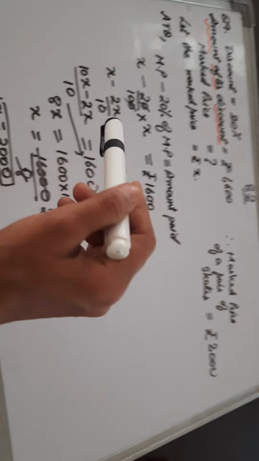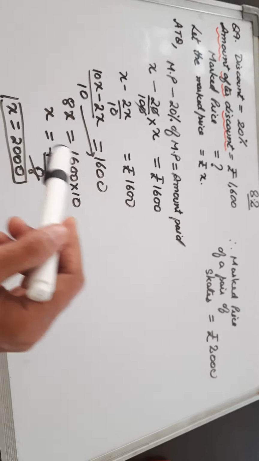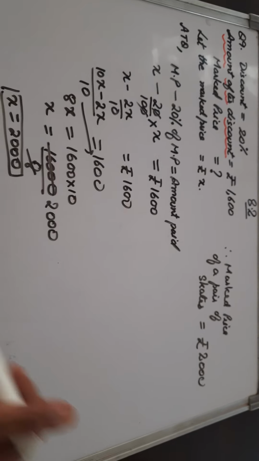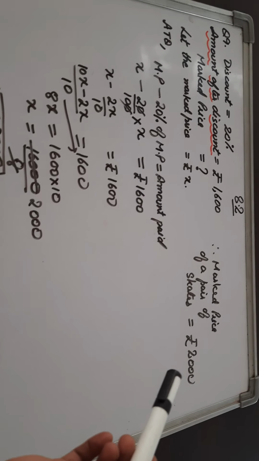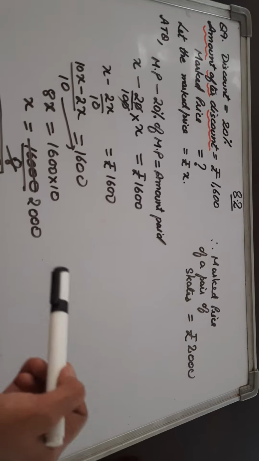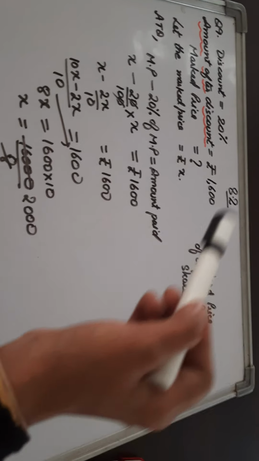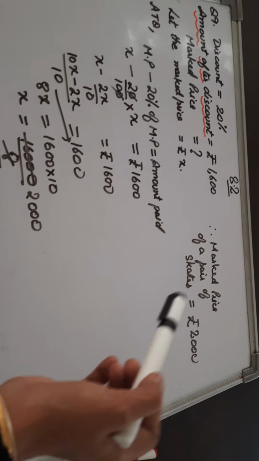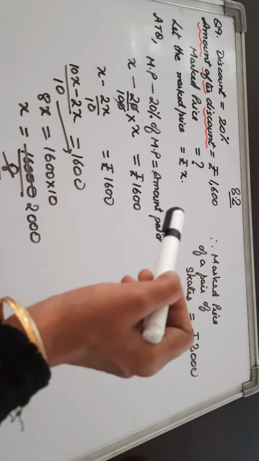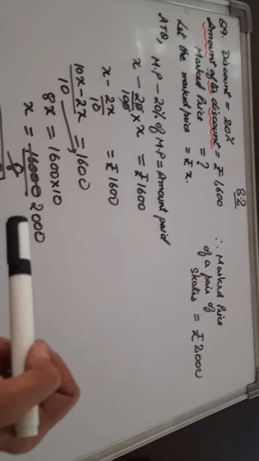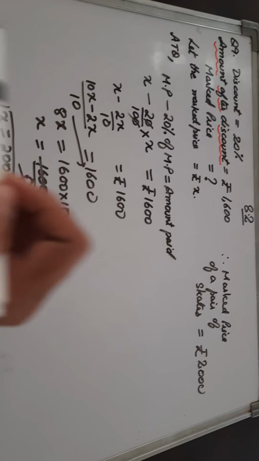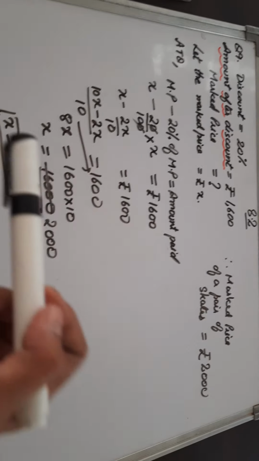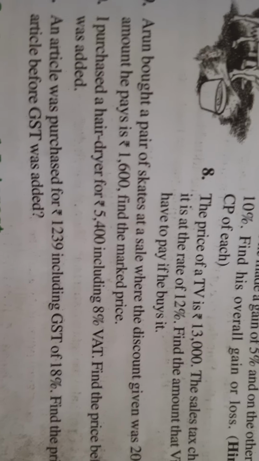We'll solve it, and after solving it, we'll get the answer as x is equal to 2000. Means the marked price of the skates was 2000 rupees, and after getting the discount of 20%, जो 2000 के skates थे वो अरुण को कितने में पड़े, 1600. So this is the concept of discount. In case of discount we subtract, in case of sales tax we used to add.